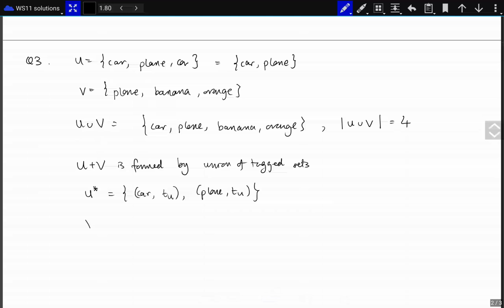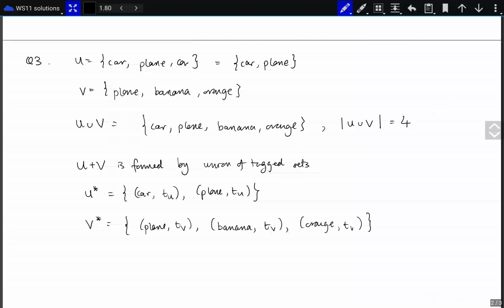And we distinguish v star as plane, tv, banana, tv, and orange, tv. And we have 5 elements, so that u plus v is equal to u star, the regular union with v star, and we have 5 elements.